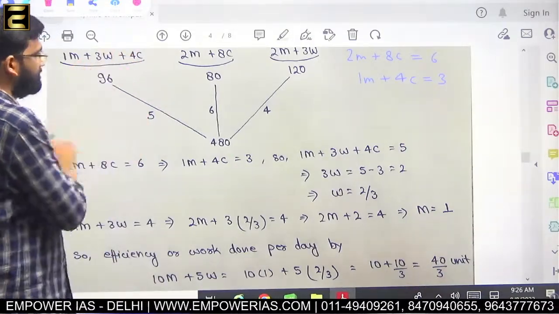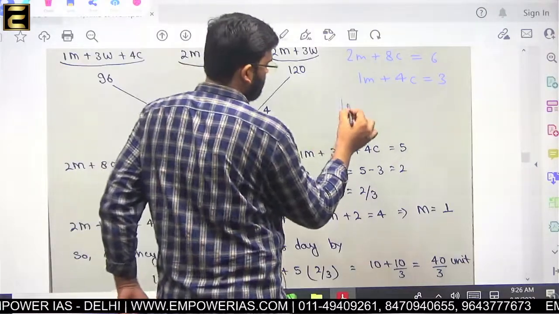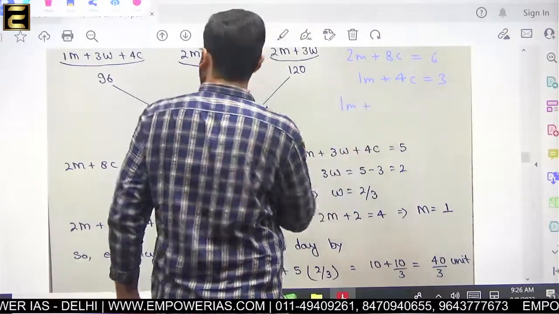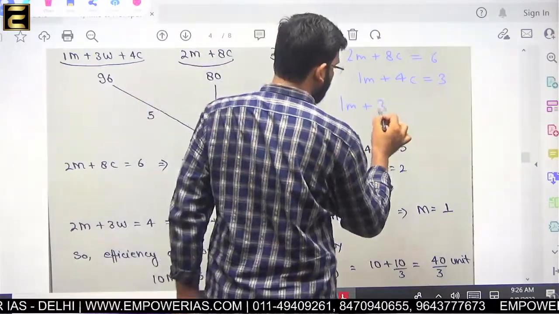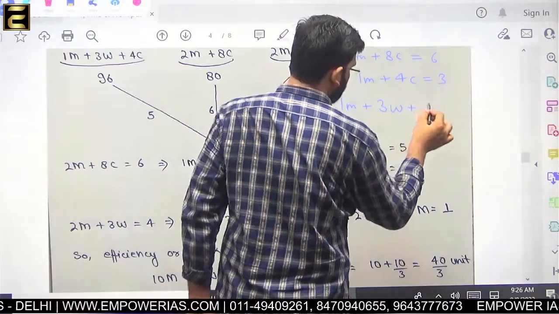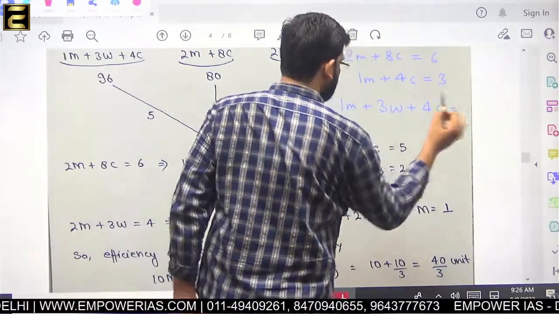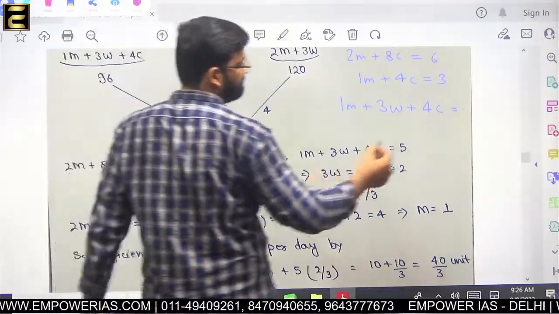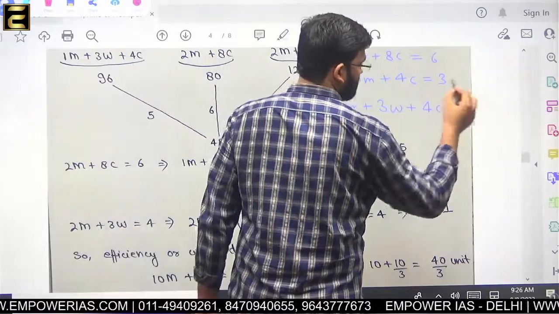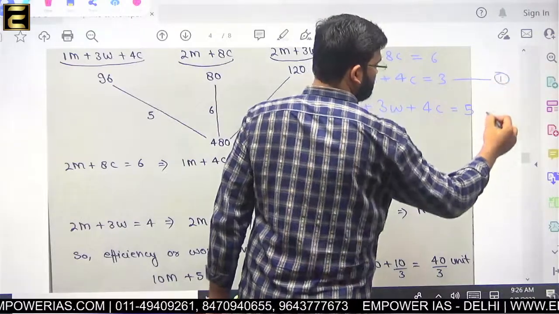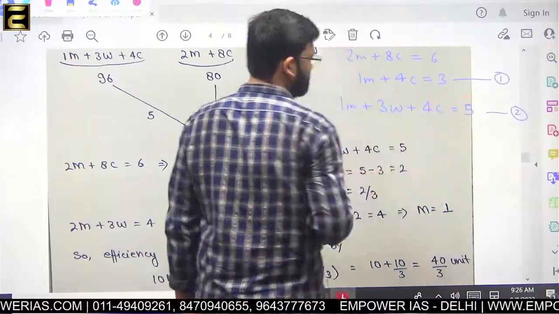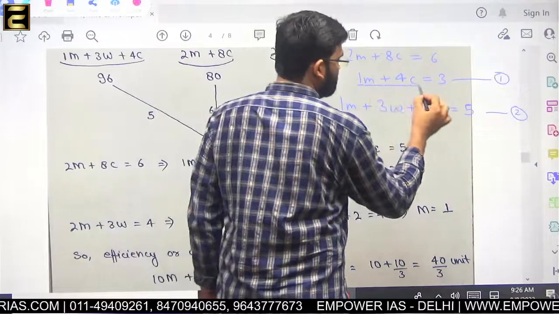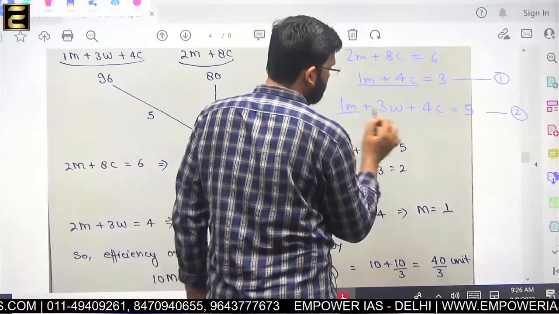See this equation, 1 man plus 3 women plus 4 children is equal to 5. So this is equation 1, this is equation 2. Now see, 1 man plus 4 children is equal to 3. Here also 1 man plus 4 children.